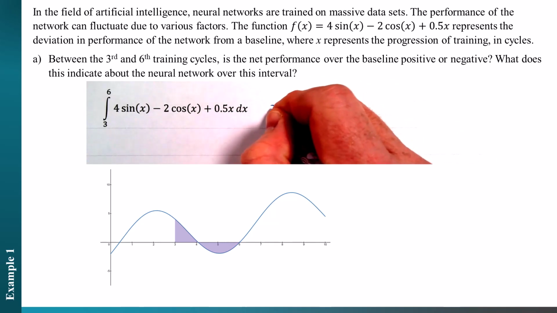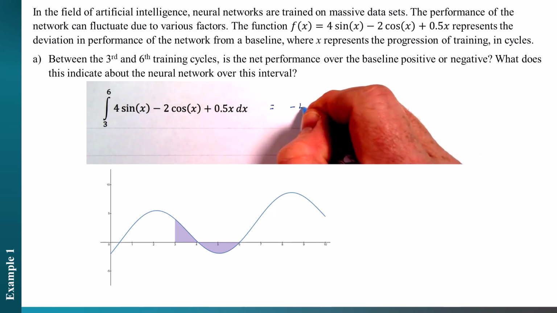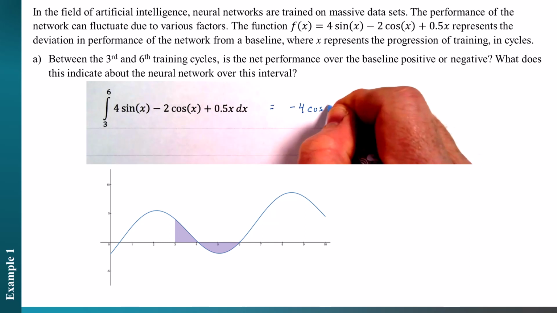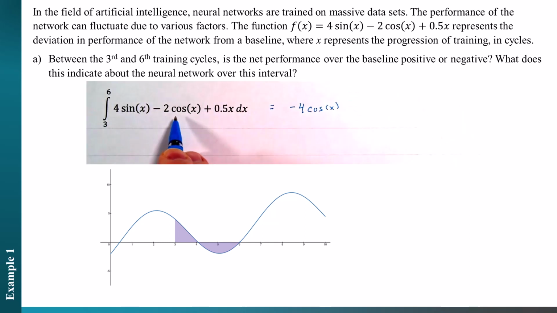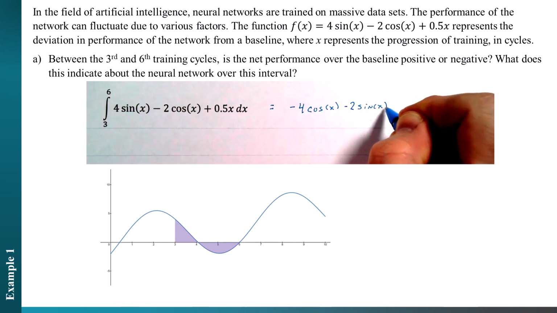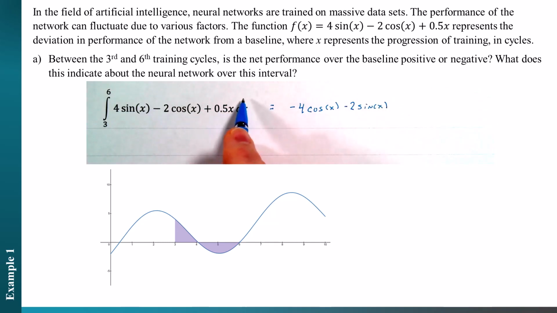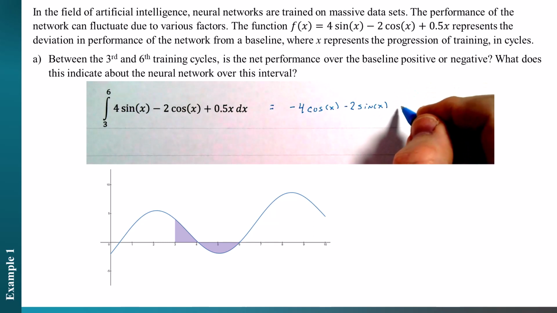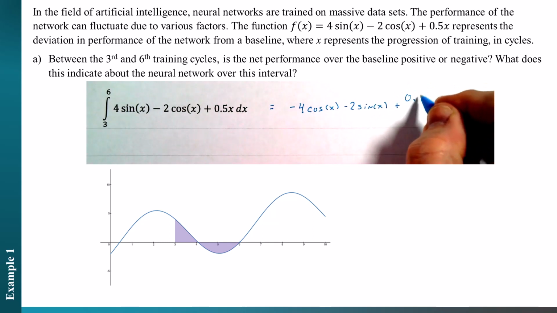The antiderivative here will be negative 4 cosine x. We would get negative 2 sine x. And here I need to add 1 to the exponent and get the same number downstairs. So that's 0.5 x squared over 2.